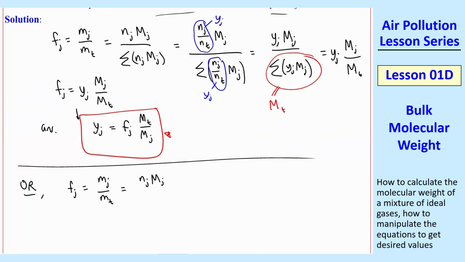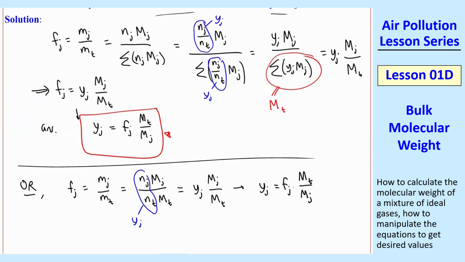But my denominator now, this is mt, so mt is Nt times Mt. And then this is my Yj. So I get Yj Mj over Mt, which is the same thing we had up here. And so that was a much easier way to find this answer, Yj equals Fj Mt over Mj. This agrees with what we had before, although it was much easier to do.